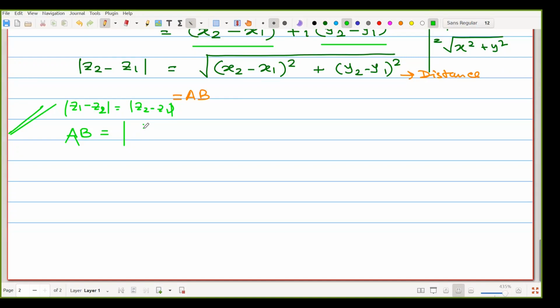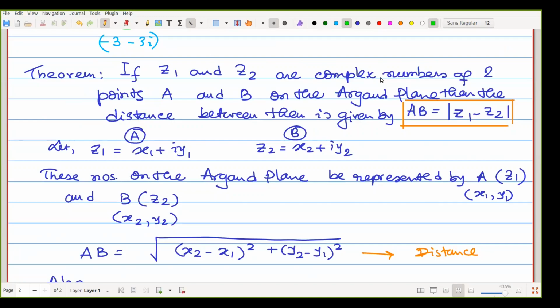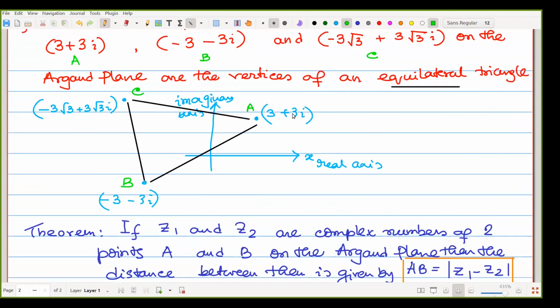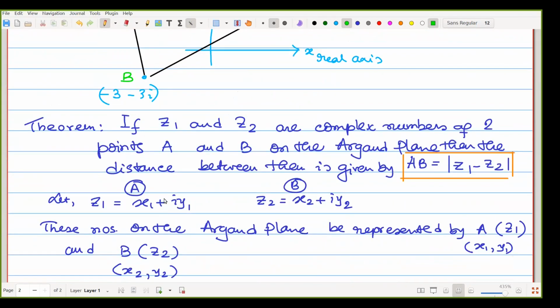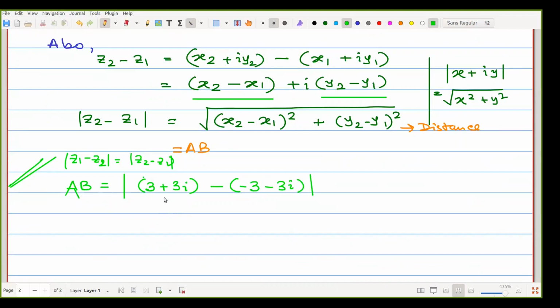So here we are subtracting: 3 plus 3i minus (minus 3 minus 3i). Once again look at the points, 3 plus 3i minus (minus 3 minus 3i). So we are finding the value of AB. At first calculate it, it would be better.